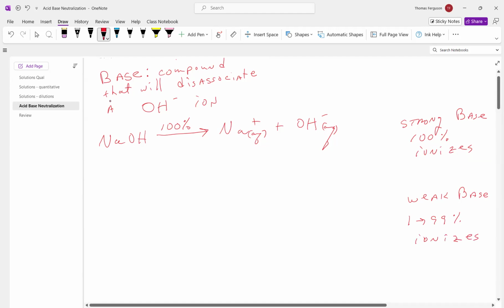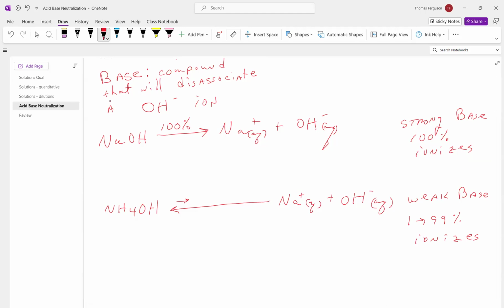So a weak base, 1 to 99% ionizes. Notice the arrows. In a strong base, there's only one arrow. That's because there's no two-way about it.